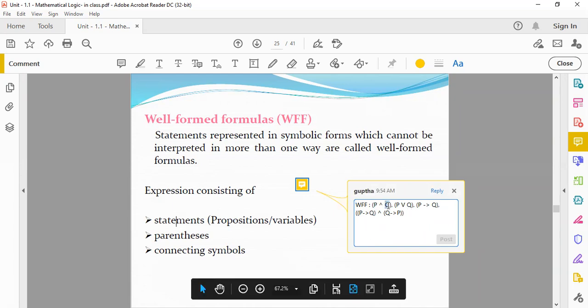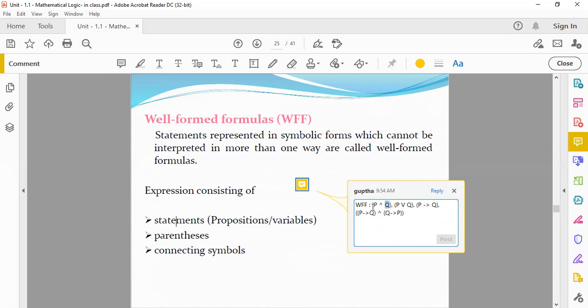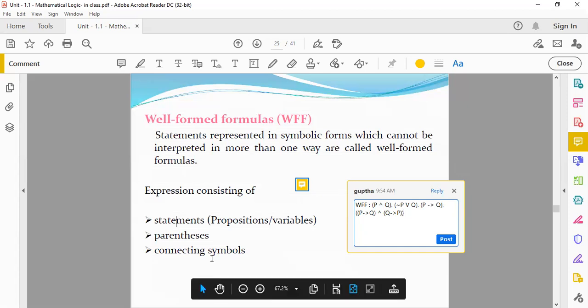So I have two statements. How do we connect the two statements? By using any one of the connectives, and, or, implication, or something else, whatever you like. Otherwise, I want to take one more: negation, P or Q, with parentheses and connecting symbols. So these are examples of well-formed formulas.